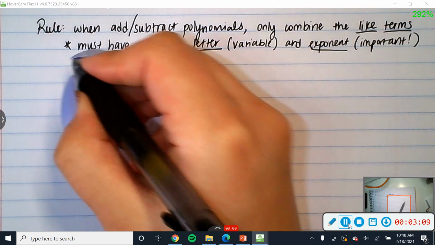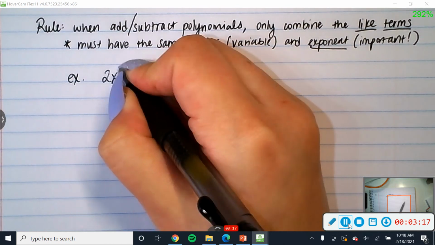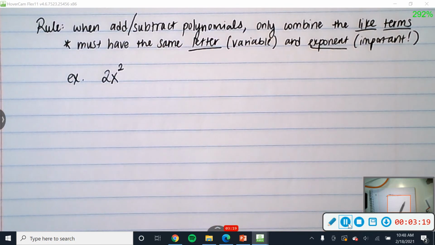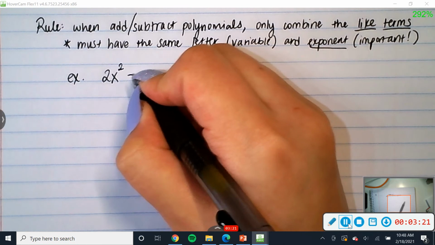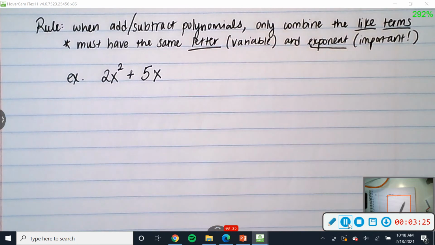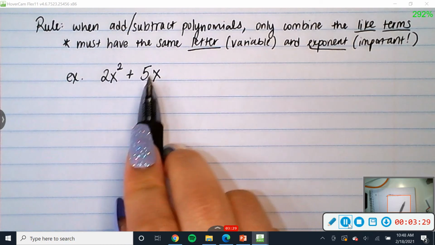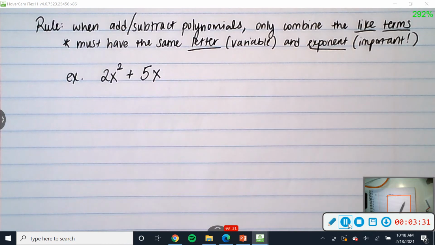So when we're looking at problems today, make sure you pay attention to whether or not yours actually has the same exponent. So for example, we might have something like 2x squared plus 5x. So even though both of these have the same variable, they both have the letter x, you cannot add these together.